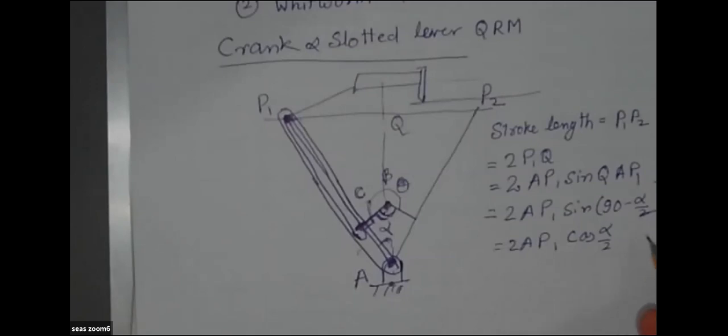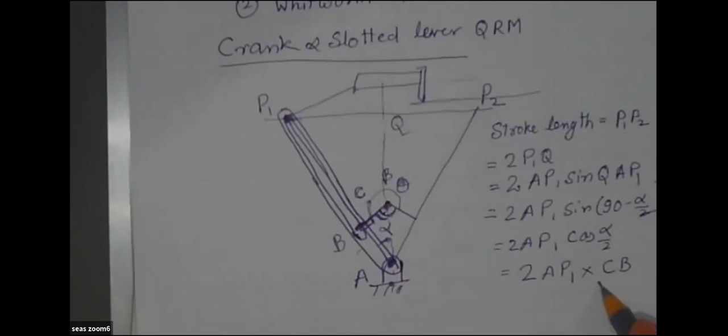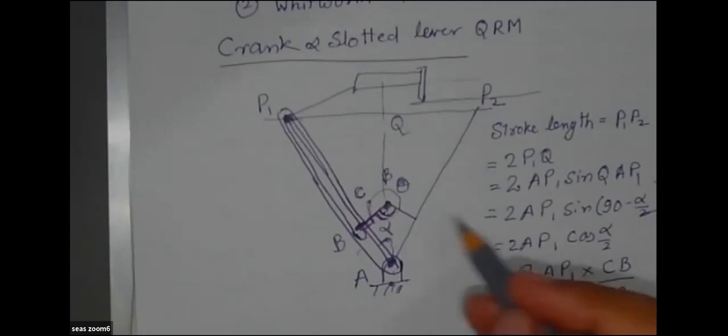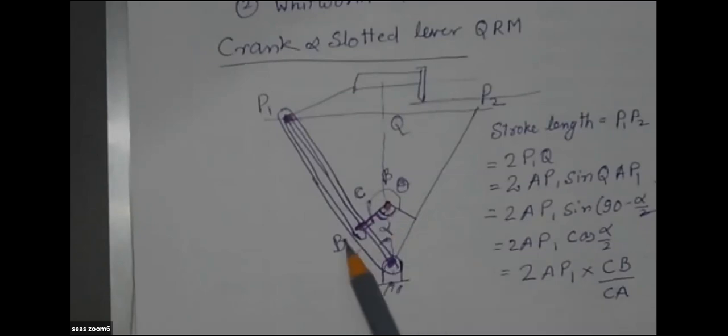And this is also equal to 2AP1 into CB divided by CA, if this is B. तो सेंटर से दो फिक्स सेंटर्स के बीच की जो डिस्टेंस है वो है CA और क्रैंक लेंथ है CB और AP1 जो है वो है स्लॉटेड लीवर की लेंथ.